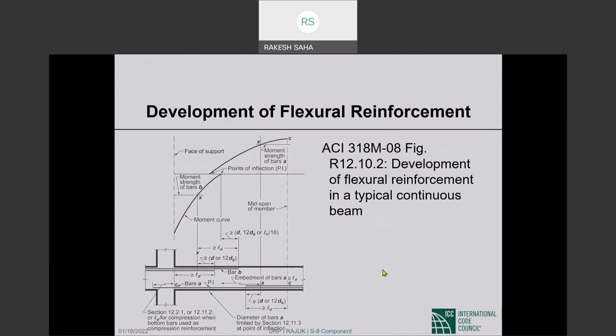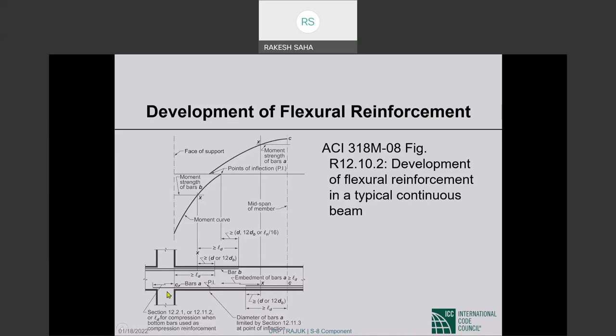Okay, this picture out of the ACI 318 commentary is a good one, and let me talk about a few things. At the support section there are those bars, the bars B and the additional bars. They don't have to be in two different layers.